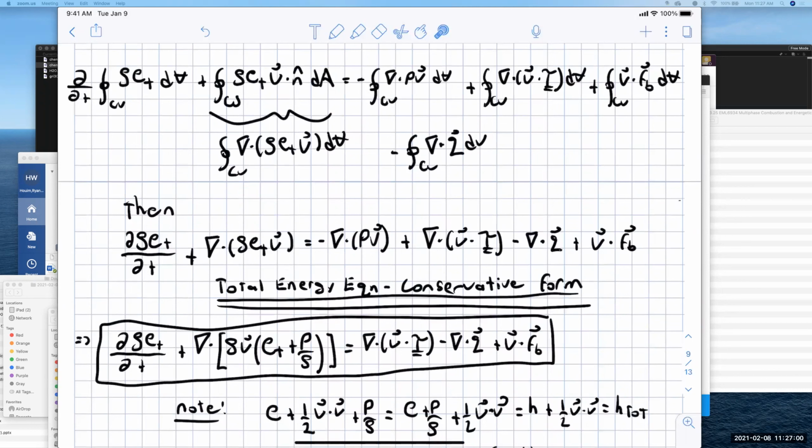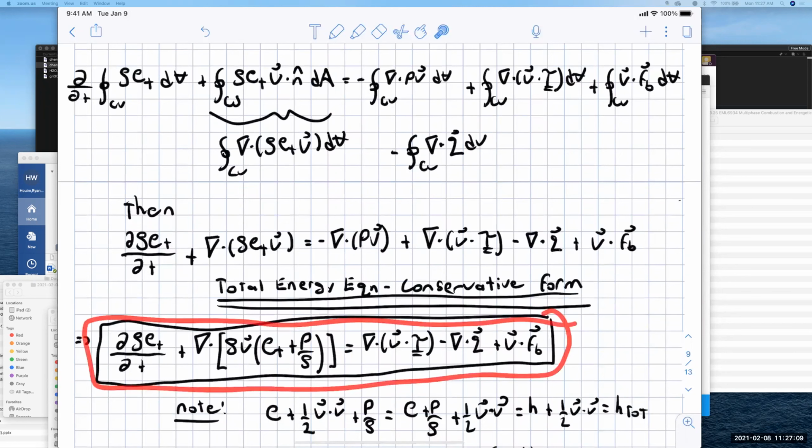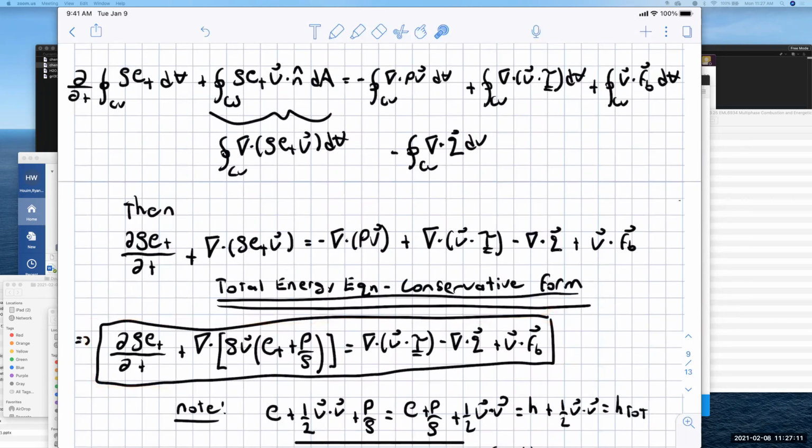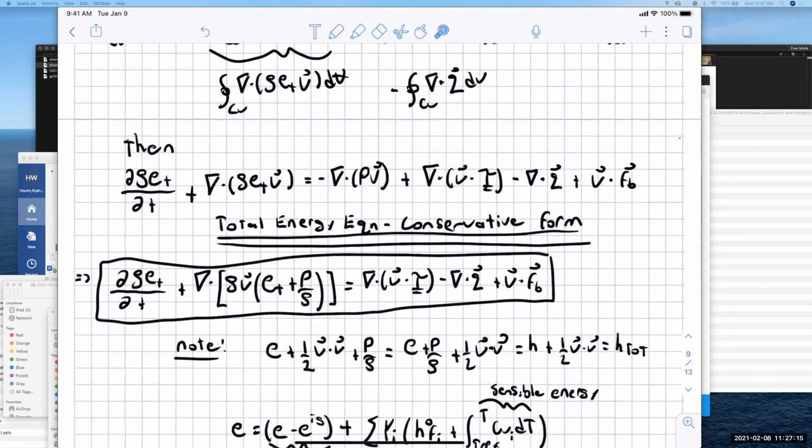And you just rearrange and play some games, and your total energy equation here is the same one that you certainly derived in fluid mechanics, and may have derived in, say, gas dynamics.